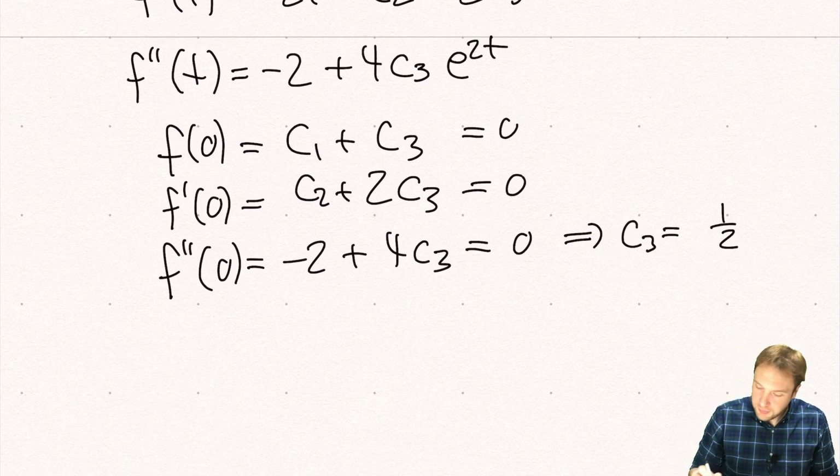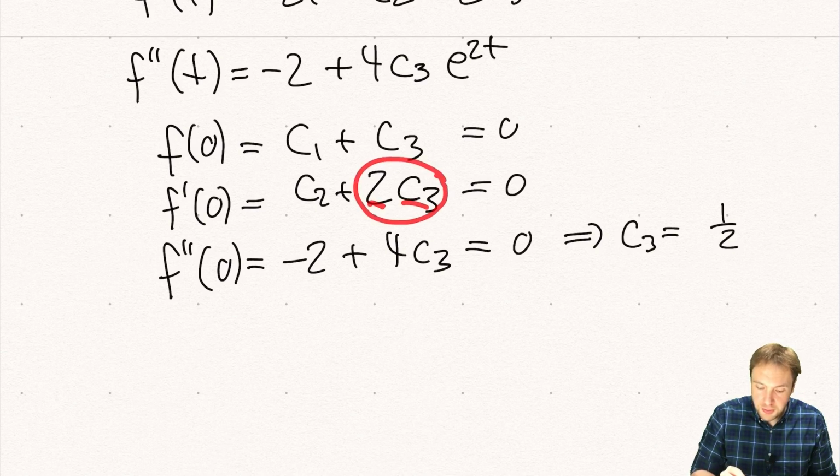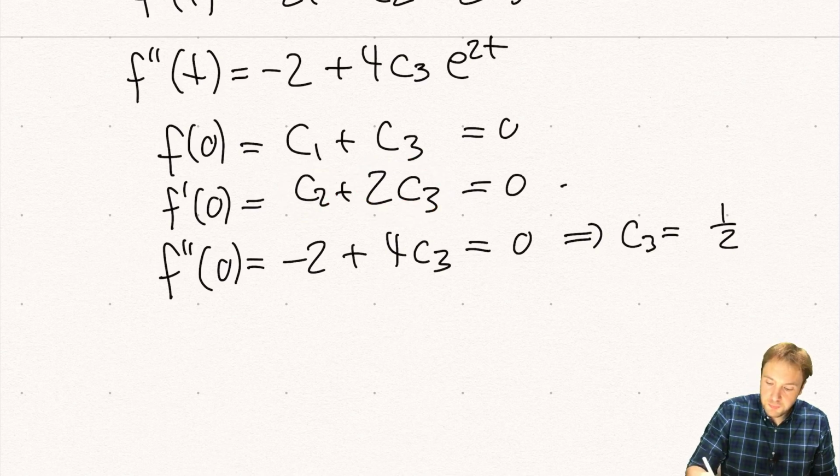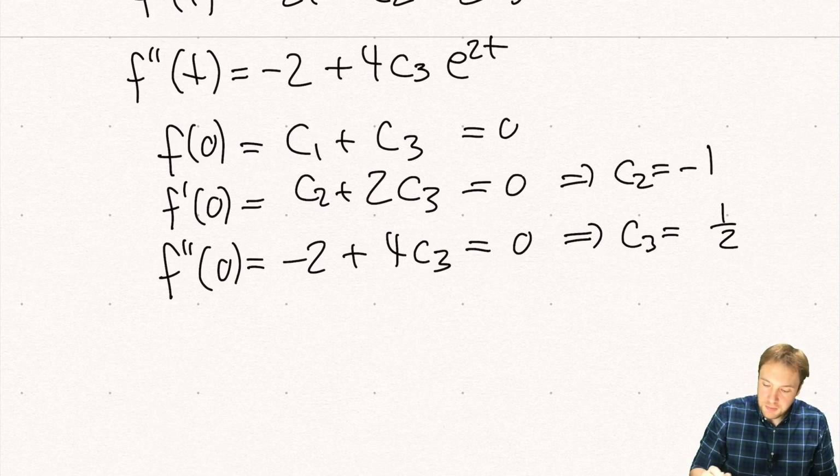Then if c3 is 1/2, then c3 times 2 is 1, so c2 needs to be minus 1. And if c3 is 1/2, then c1 needs to be minus 1/2.